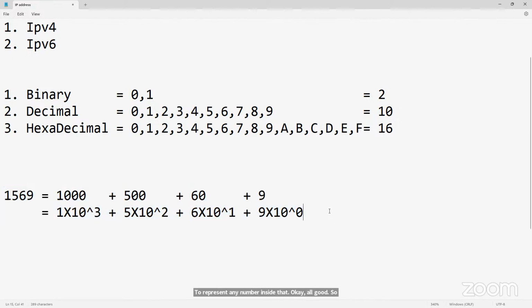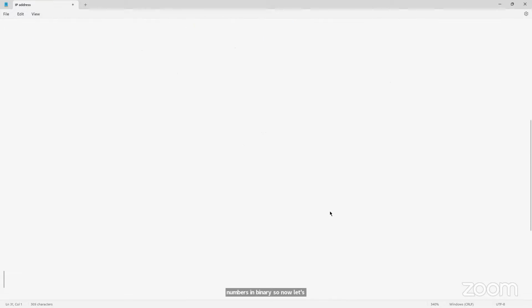So now how do we represent the numbers in binary? So now let's understand. How can we represent a number from decimal to binary? Let me take a small example and brief it, then we'll take a complex example.